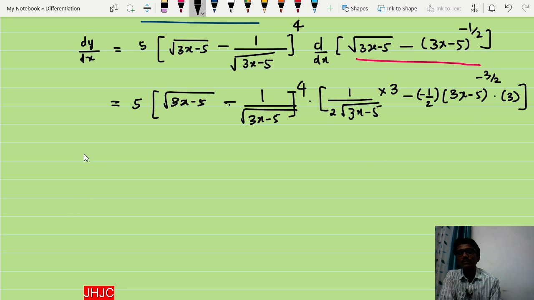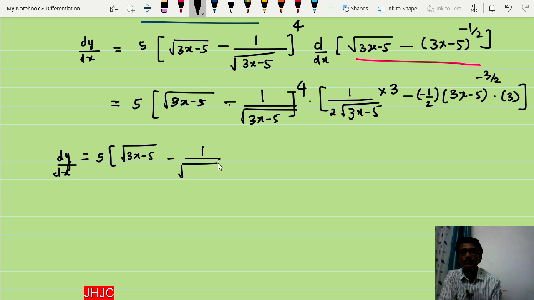So dy by dx is equal to 5, this as it is, root of 3x minus 5 minus 1 upon root of 3x minus 5, whole raised to power 4, into, this is what, 3 upon 2 root of 3x minus 5.